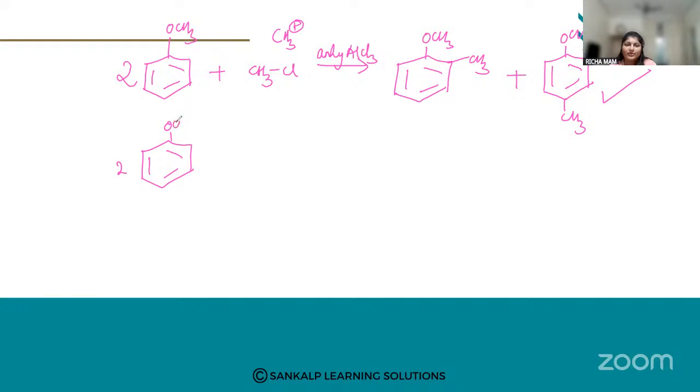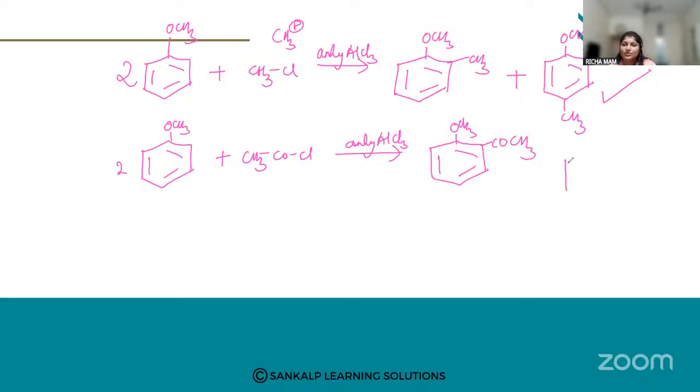In acylation, what is the electrophile? Again we take anisole and react it with CH3COCl, acetyl chloride, in the presence of anhydrous AlCl3. I am going to get OCH3 and COCH3 on the ring, ortho and para.